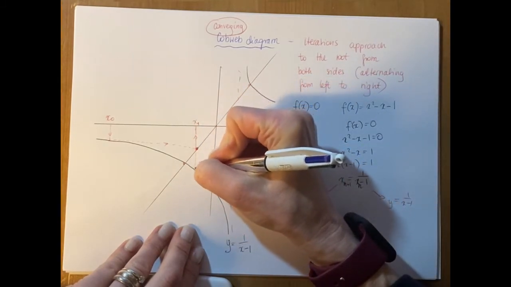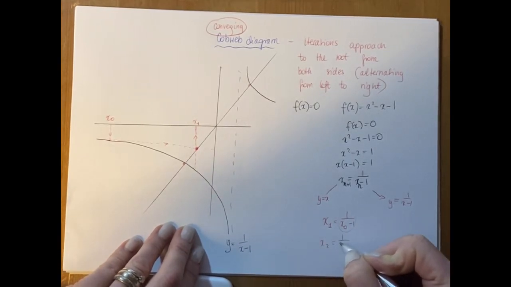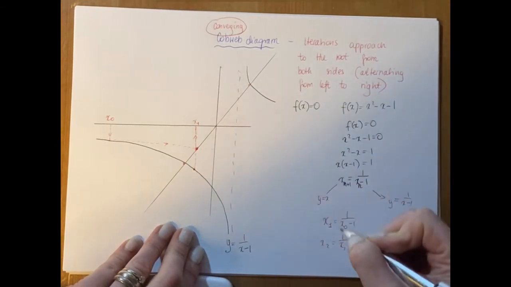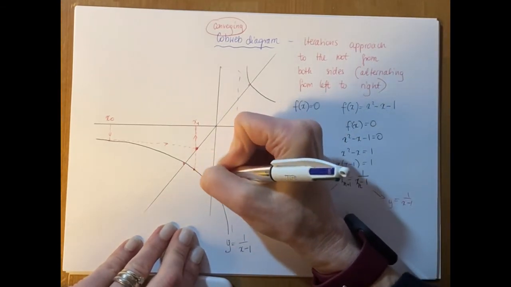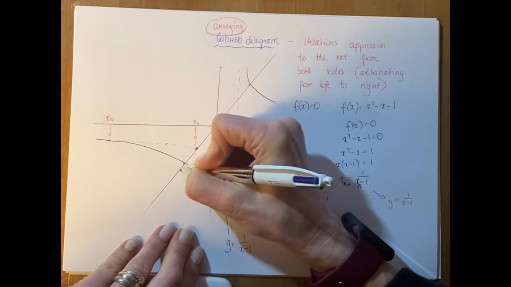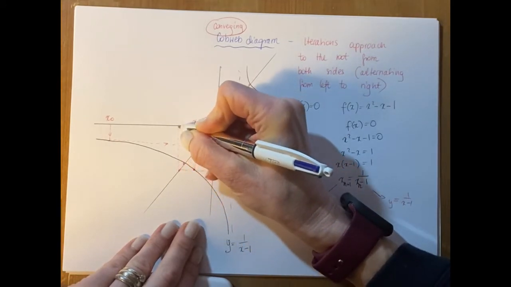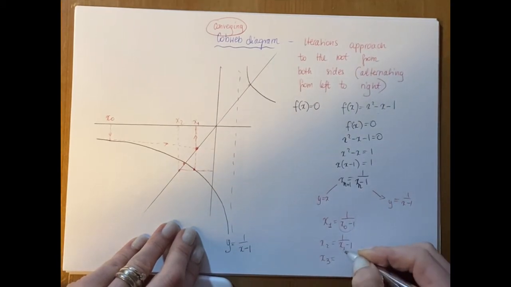Now you've got x1, you substitute it into the reciprocal on the right hand side, and you get the answer over here, which is your y value. When you make it bounce across, it hits the line and becomes x2. And then that can be used to obtain x3 in exactly the same manner.